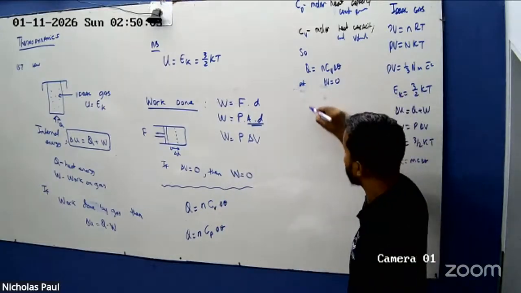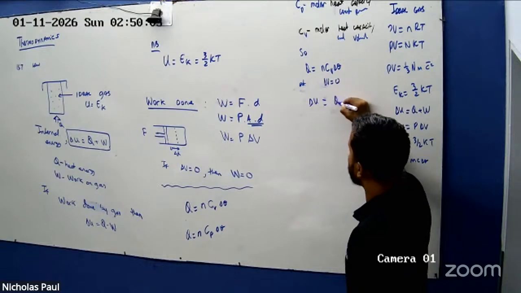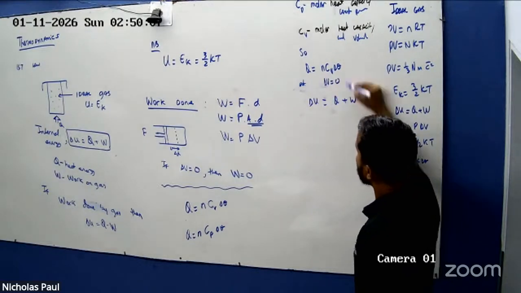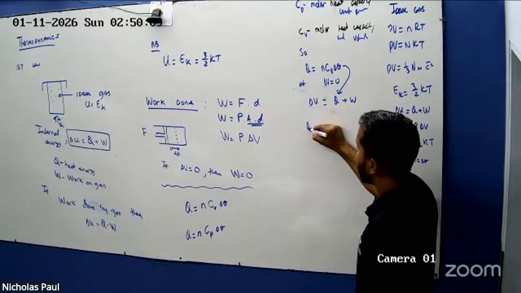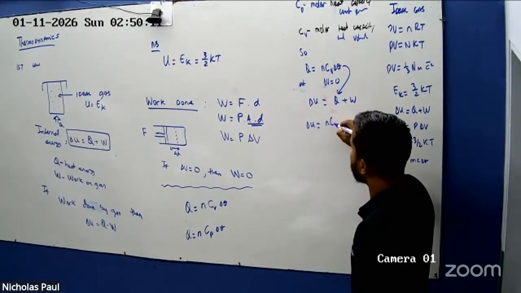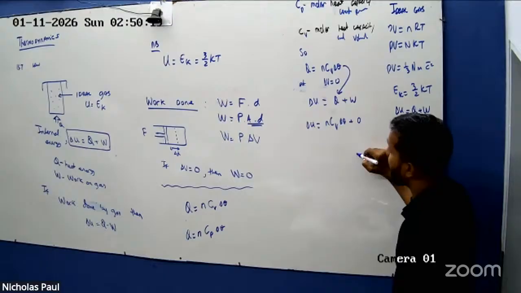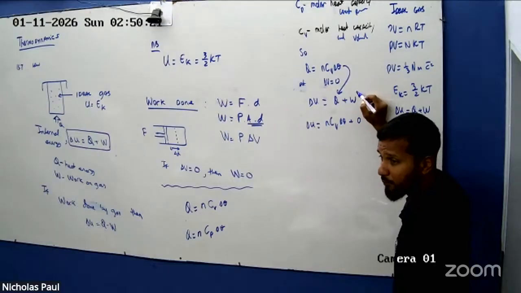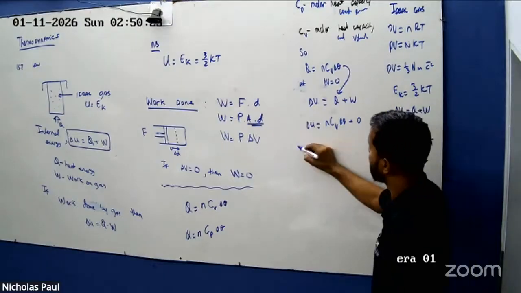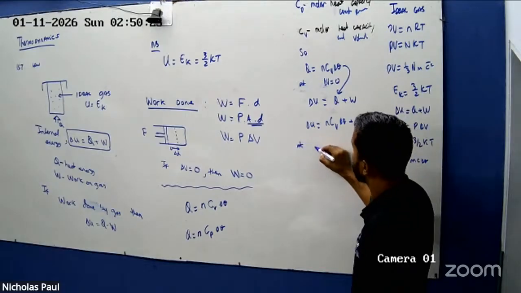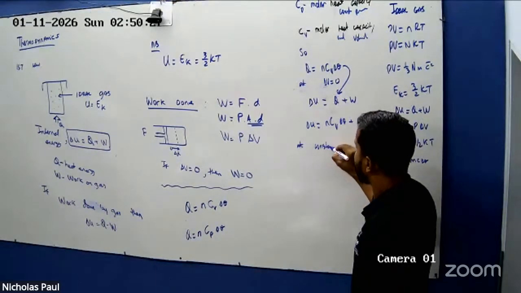All right, so delta U is equal to Q plus W. If I put Q in here, I will get delta U is nC_V delta theta. But W is what? 0, right? Are you okay with that? W is 0.